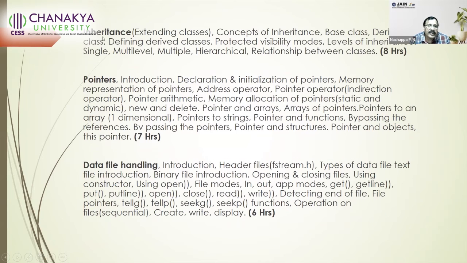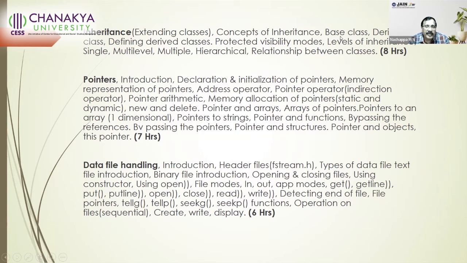Then you have inheritance. I told you, that is extending classes. So you have multiple classes. How do you pass values from one class to another class? The first class from where the value is passed is called the base class, and the class to which the value is passed is called the derived class. Features and values are passed from the base class to the derived class.